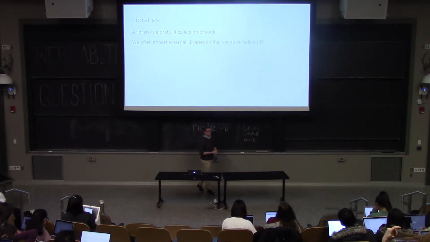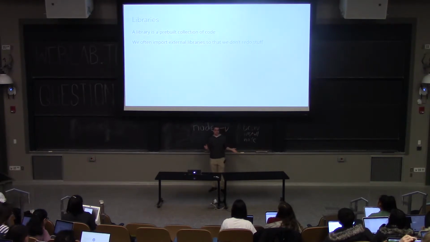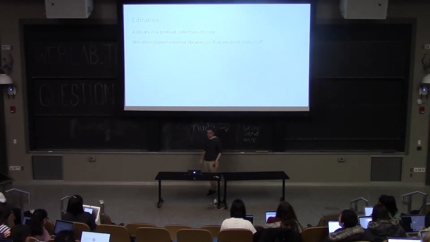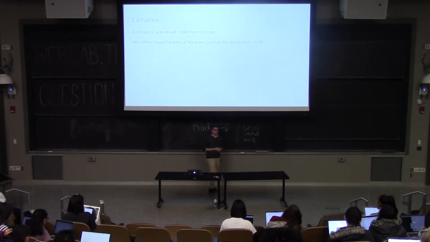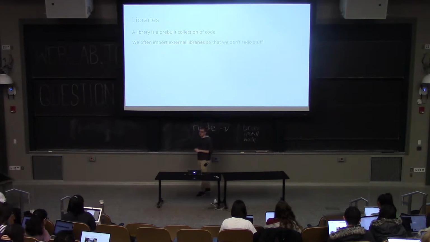It doesn't make sense that every single time I write an entire thing for doing matrix operations. It would be really nice if someone writes it really well once, and then I can just import it and use that. So libraries are important because when we're building our server code, there are lots of libraries that can make writing server code easier, and so we're going to want to incorporate those.